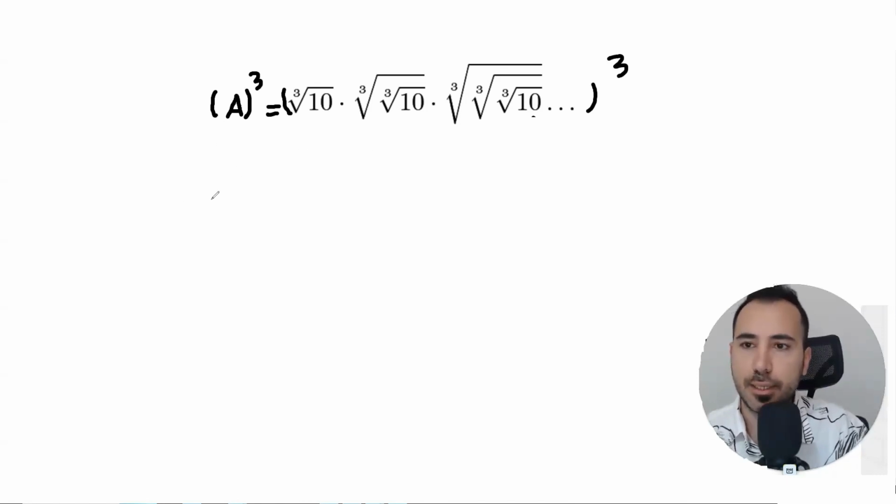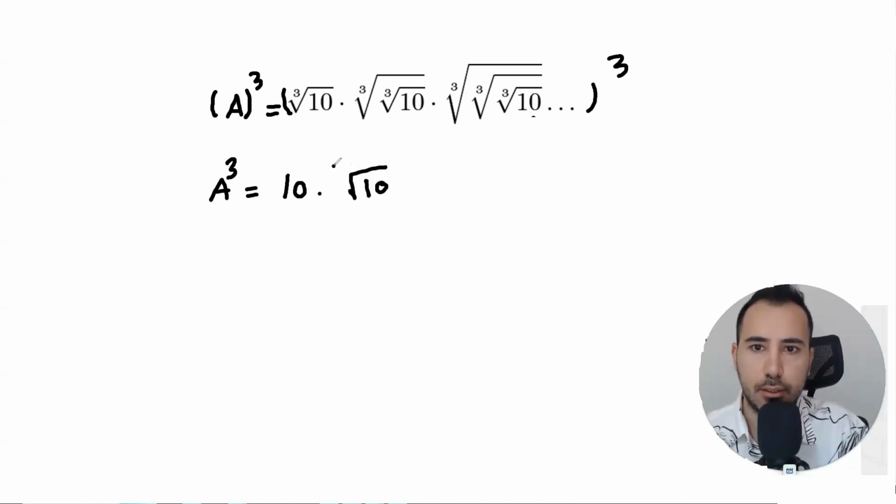So what we're going to get is A cubed is equal to, each term will be cubed. So this one will be 10 multiplied by, this one will be gone. So I'm going to write it as 10 cubed. And then only the last one will be, okay, gone again.